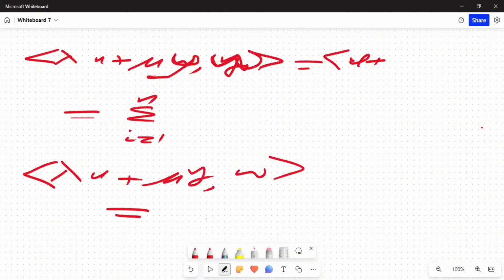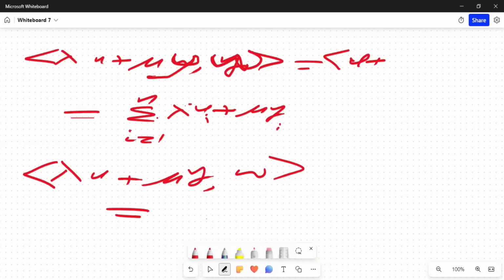Okay. By definition, that would be equal to what? This will be equal to lambda u plus mu y, of course with the components.